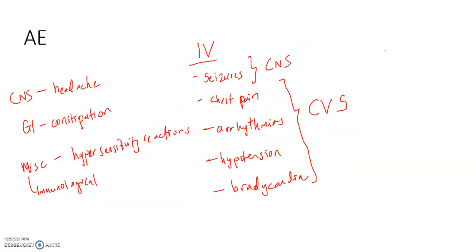So let's talk a little bit on the cautions or contraindications for giving ondansetron. Mainly you have to be cautious with regards to prolongation of the QT interval on the ECG.